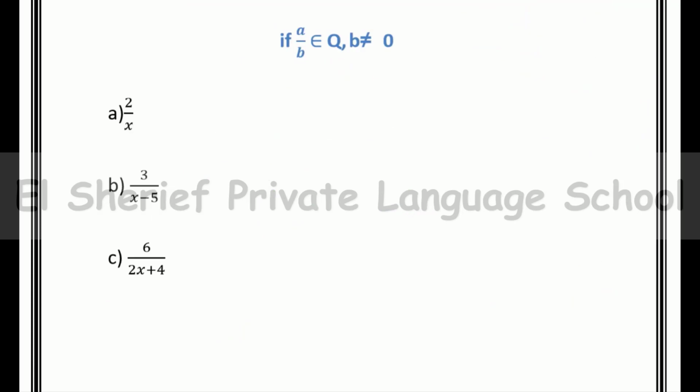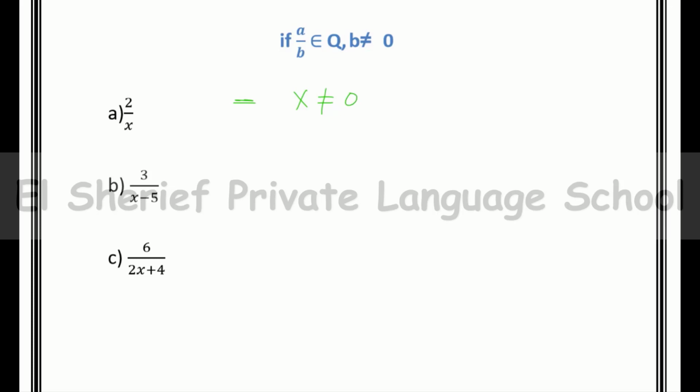The last note: if A over B belongs to the rational numbers, I know that B must not equal 0. So when I have 2 over x, x doesn't equal 0.